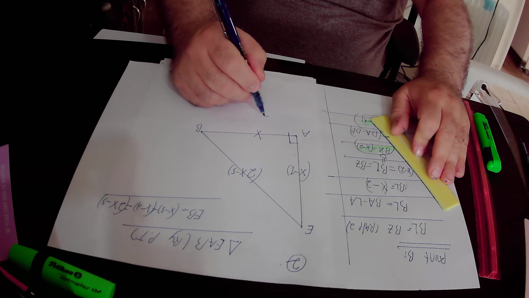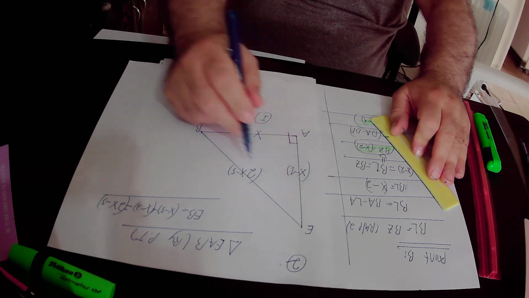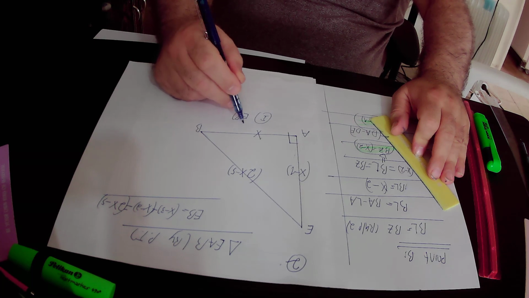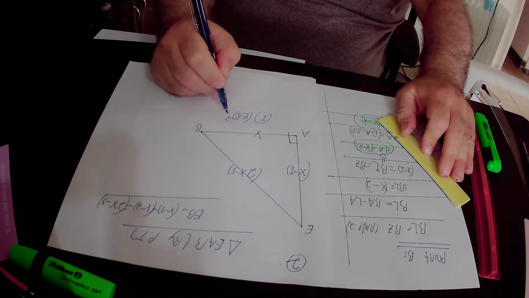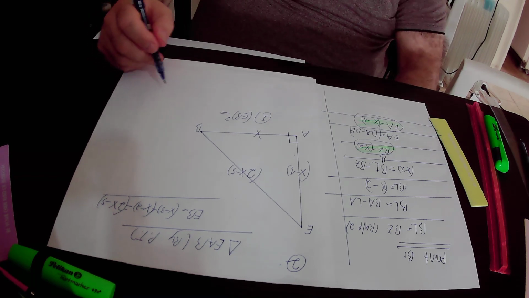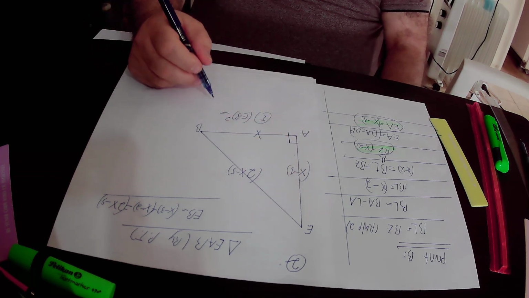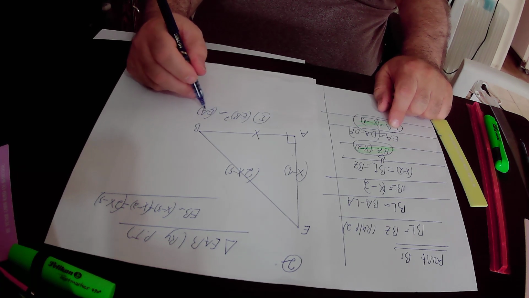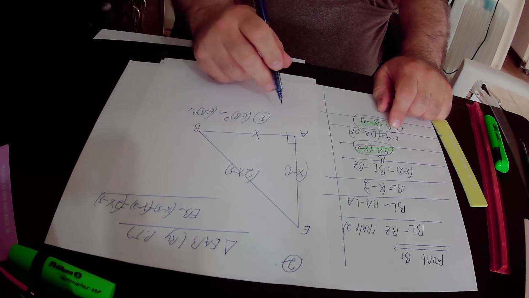The hypotenuse is EB, therefore the square of the hypotenuse is EB squared. And it must be equal to the sum of the squares of the perpendiculars, that is to say, it must be equal to EA squared plus AB squared.